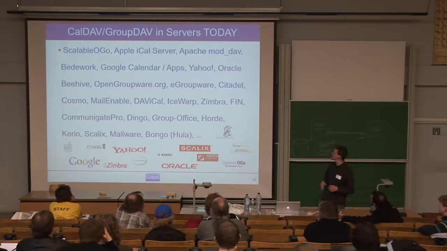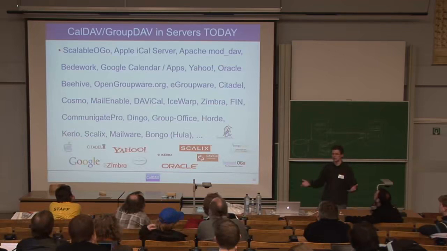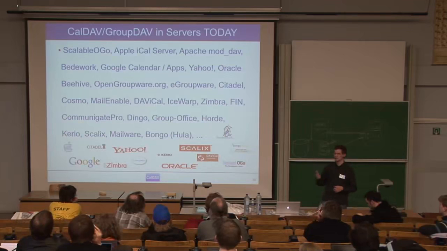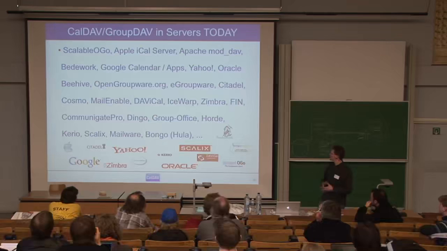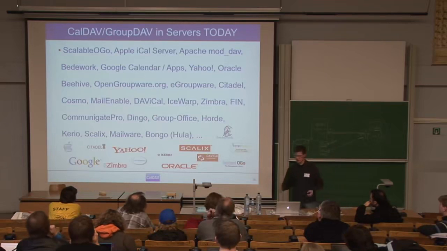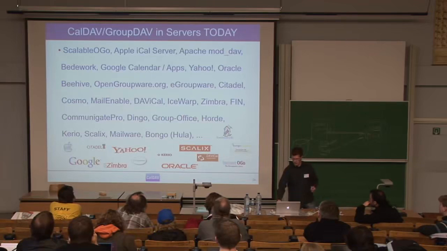All of them support either full or partial CalDAV, necessary to drive the iCal client, or GroupDAV. Well, it's really a lot. For example, eGroupware also implemented GroupDAV, but there are really a lot of projects doing that, and I expect that this will be the standard, like IMAP, for example, is for email. Even Google and Yahoo support CalDAV for calendar access since last year. You can access a Google Calendar using CalDAV.